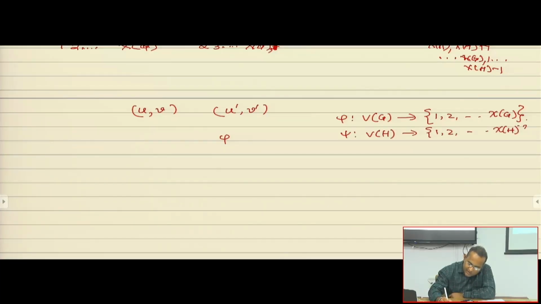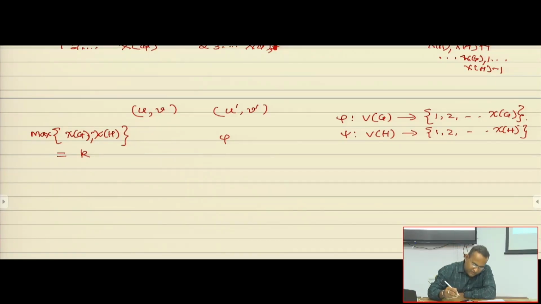If you define phi as the coloring from 1 up to chi of G, and similarly psi as the coloring on H from 1 up to chi of H, and the maximum of chi G and chi H, let us say this is k.